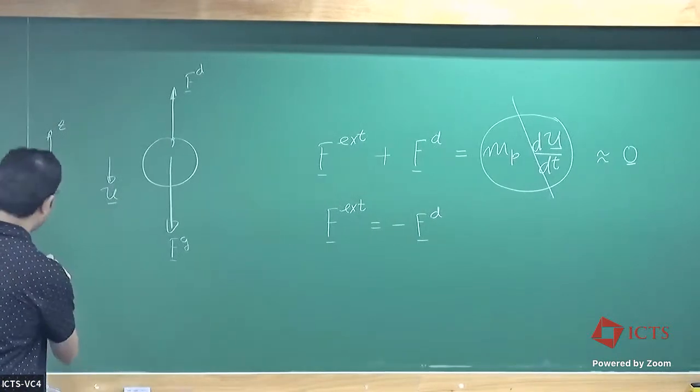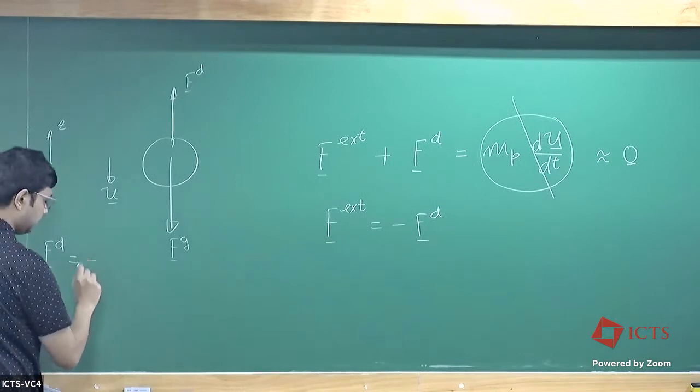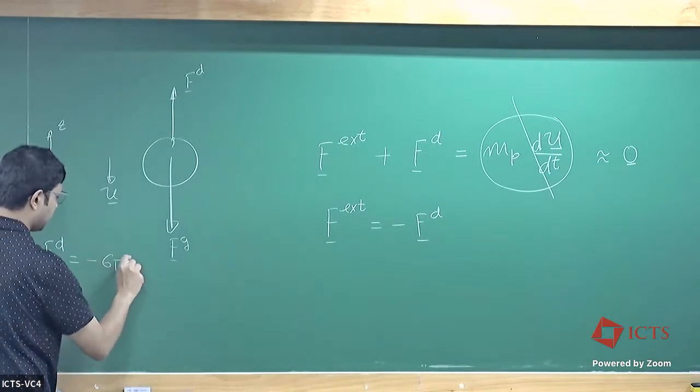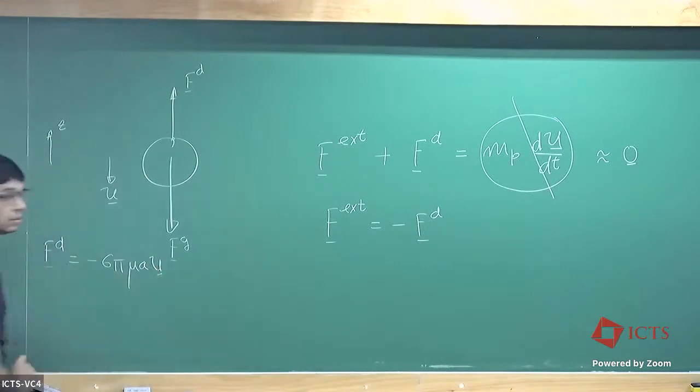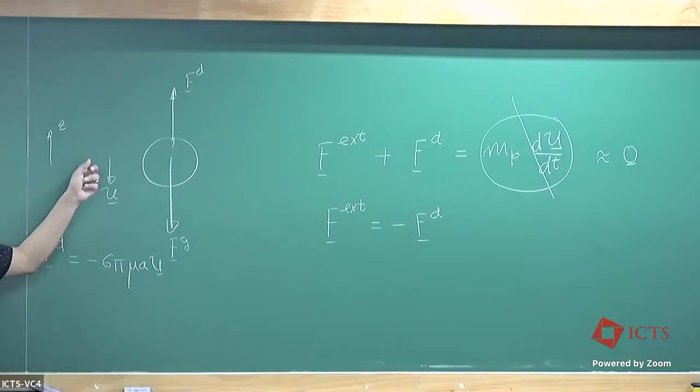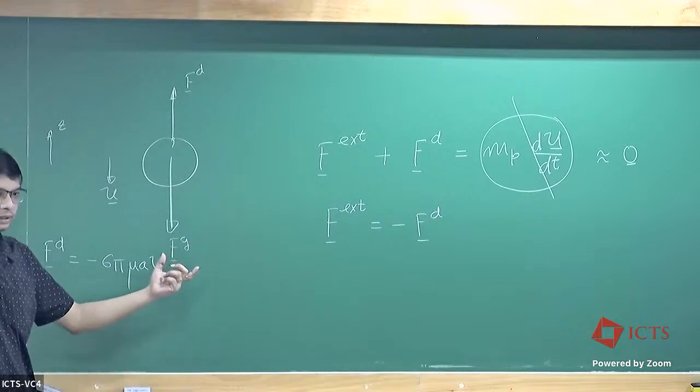So my drag force is effectively minus 6 pi mu a times u. So u is in the negative z direction, that's why I have a negative sign, so this is in the plus z direction. And the gravity is of course in the negative z direction, and together they should balance.